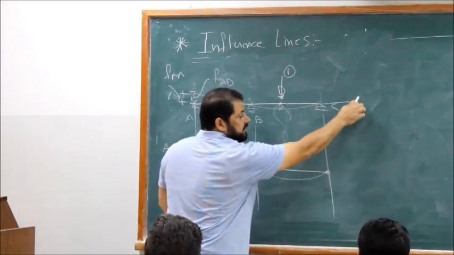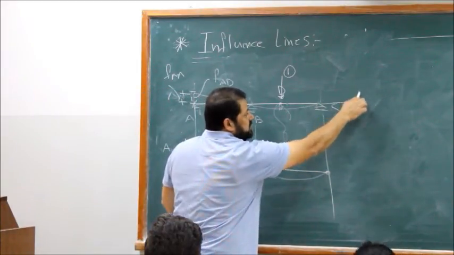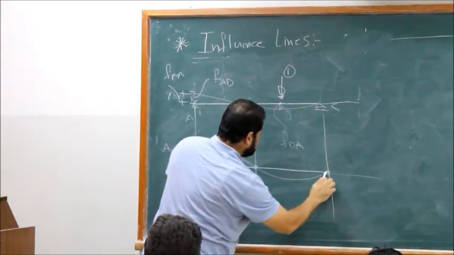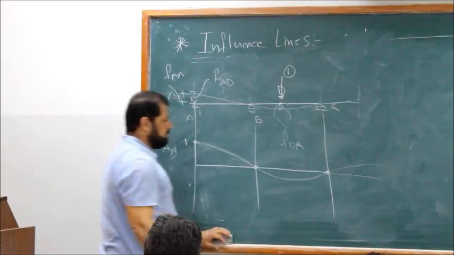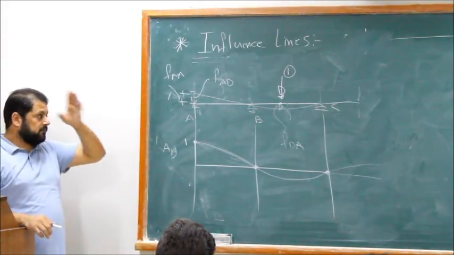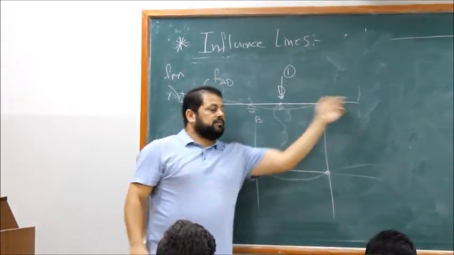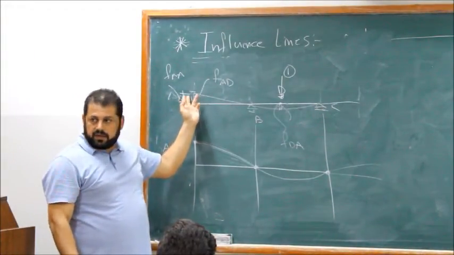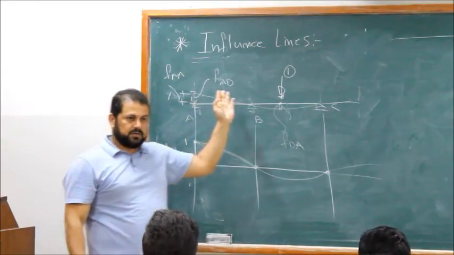If this one goes down, if the unit load is here, what's happening here? If you have one here, maybe the reaction will be up or down. Good?